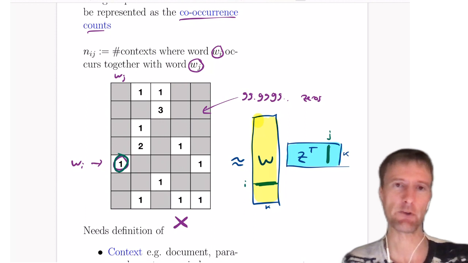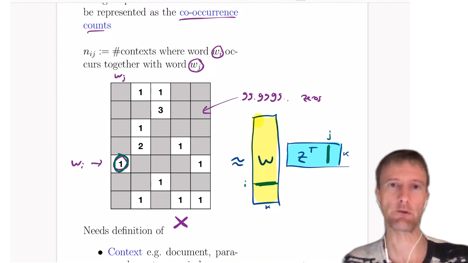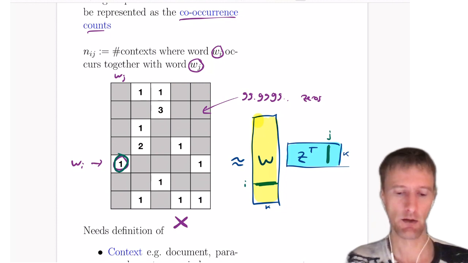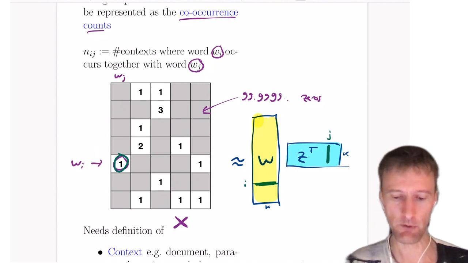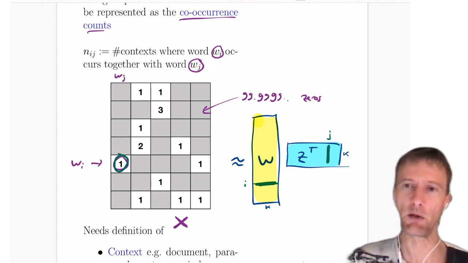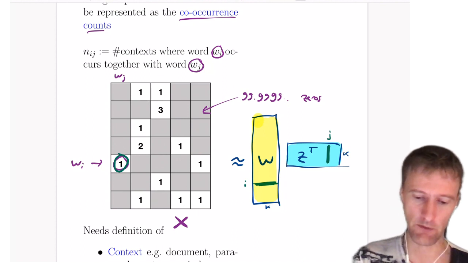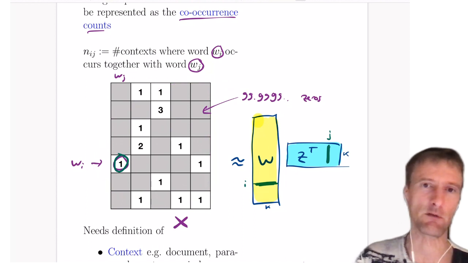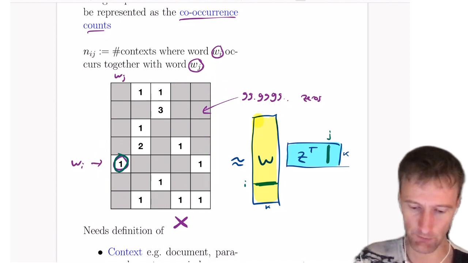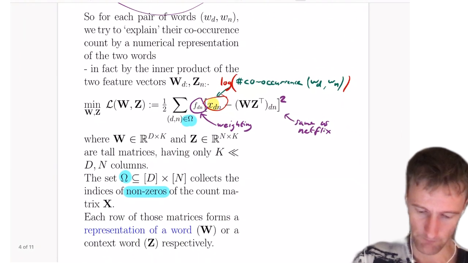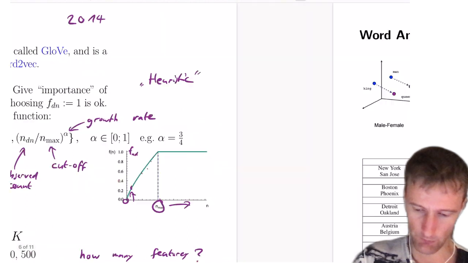One step of stochastic gradient descent costs only the order of K, which is much cheaper than if you need to deal with a dense matrix or anything. So this is orders of magnitude faster to train. Maybe that's another contribution, that this has found much more success than just doing the SVD of this sparse matrix. Okay, and so that's GloVe.